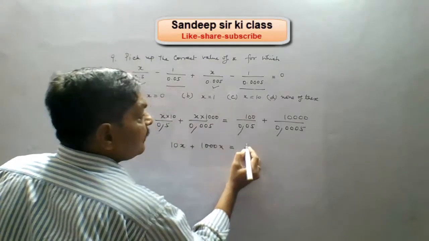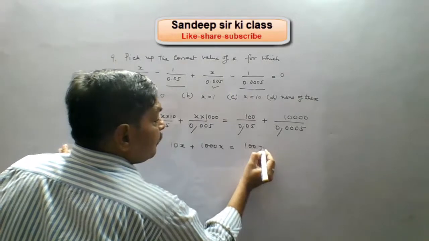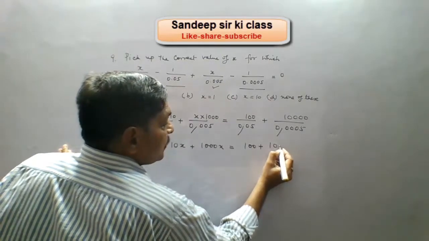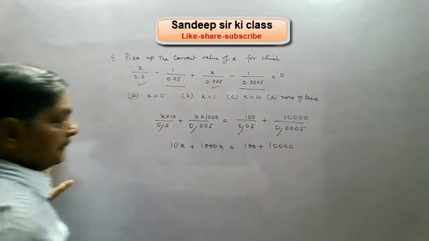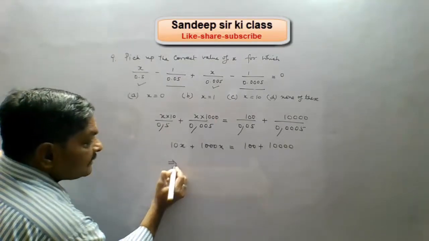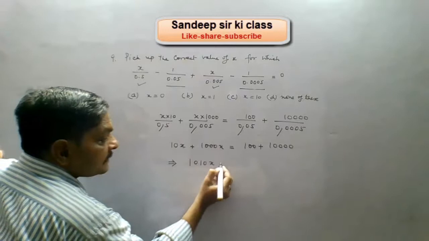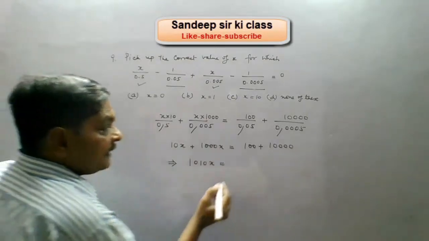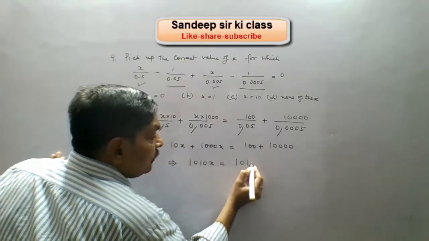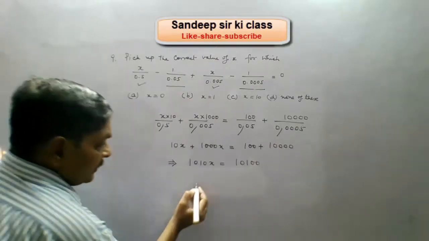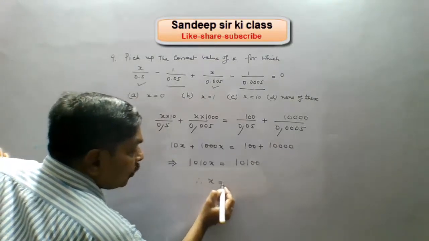Right hand side will be 100 plus 10,000. So on the left hand side we get 1010x, and on the right hand side we get 10,100.